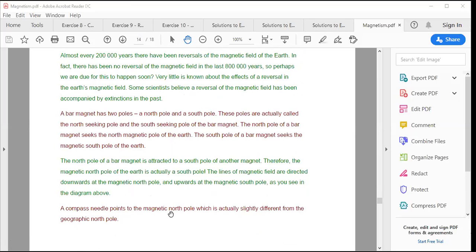So people who are pilots, I think they take that factor into consideration. Otherwise, you end up going to Maputo instead of going to Joburg or something. You deviate because of that 11 degrees. So they have to factor in that difference between the magnetic and the geographic north.